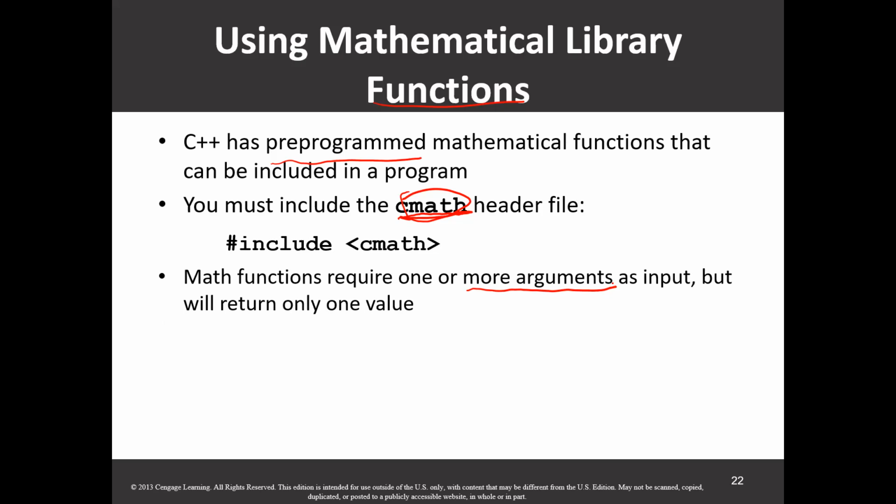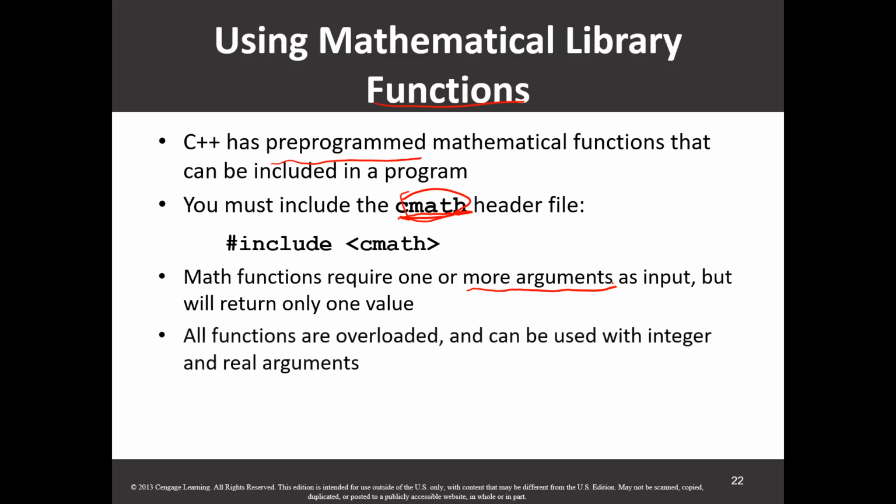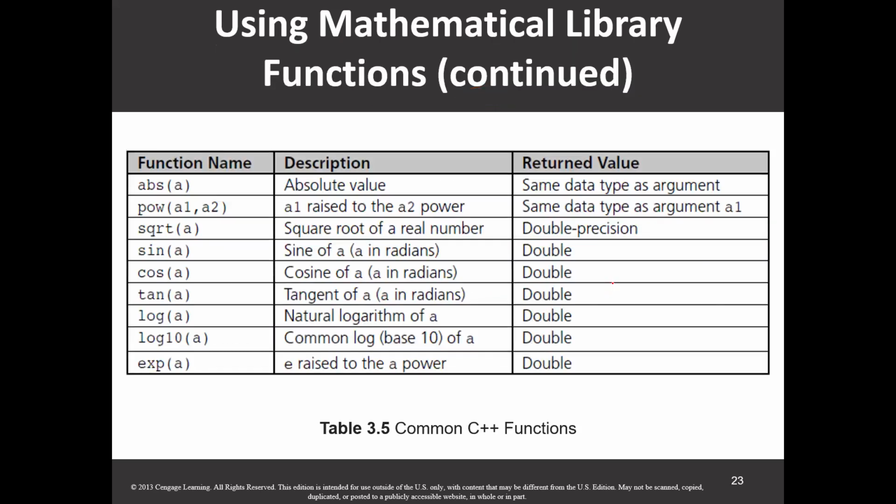Even if it requires two variables, it's going to return only one variable. Let me show you some of these. ABS calculates the absolute value. Between the two brackets, we put the number that you want to find the absolute value of.